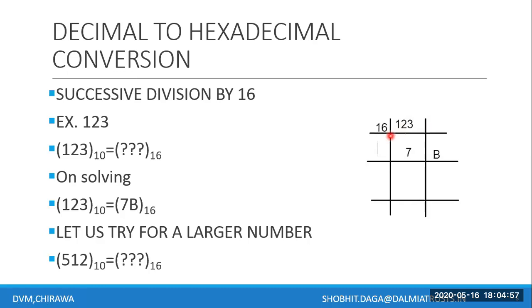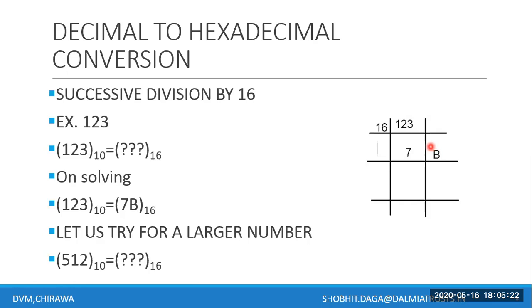As simple as it may sound, 123 when divided by 16 will be divided 7 times, and we will have a remainder of 11. So we cannot write just 11 over here. The reason for this is that 11 represents an altogether new state in terms of the hexadecimal number system.